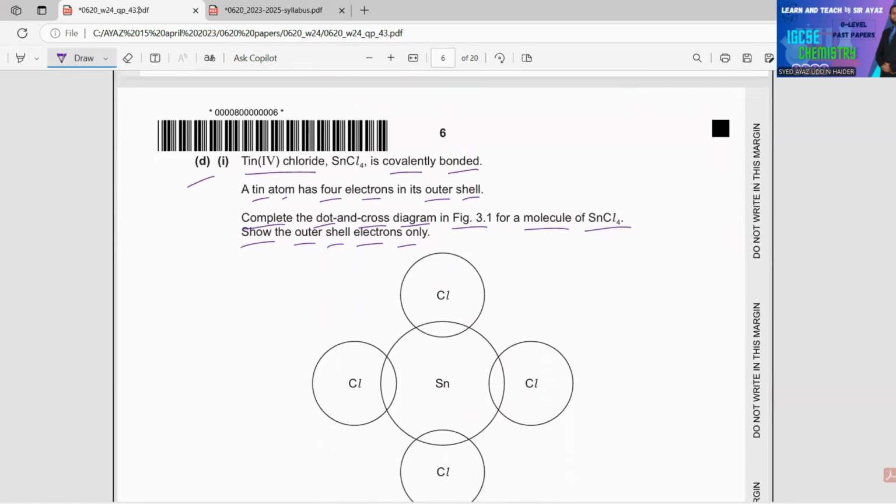So first of all, I'm going to show you the key on the right hand side. We have Sn. Let's consider cross as valence electron for tin and dot for chlorine.